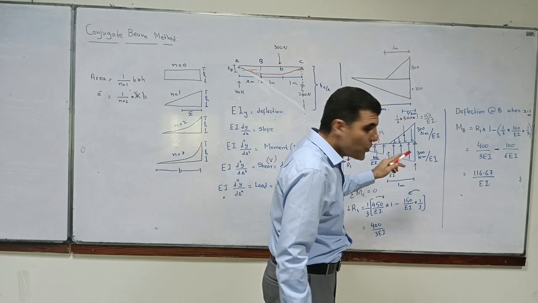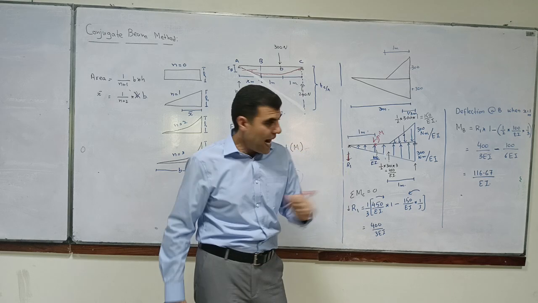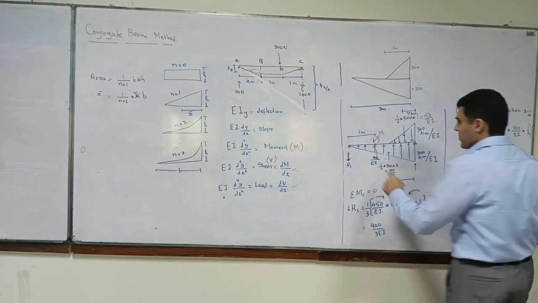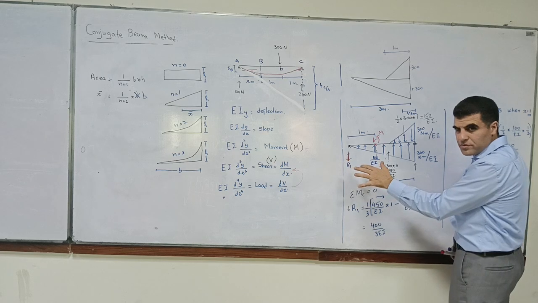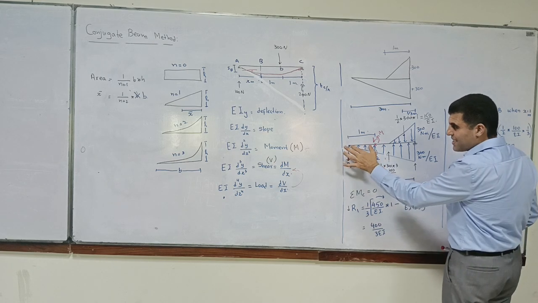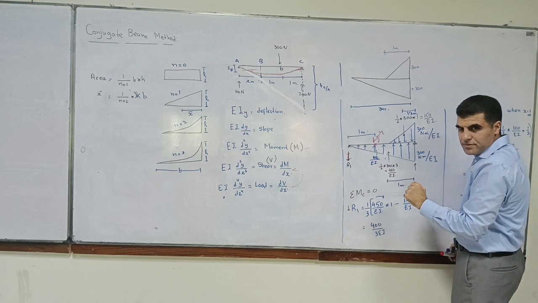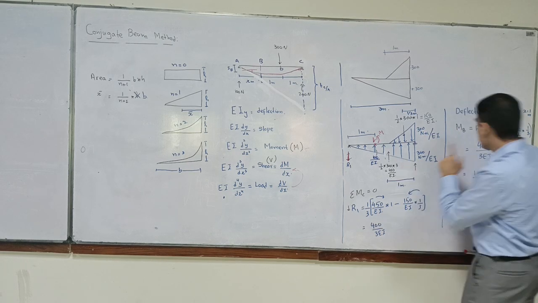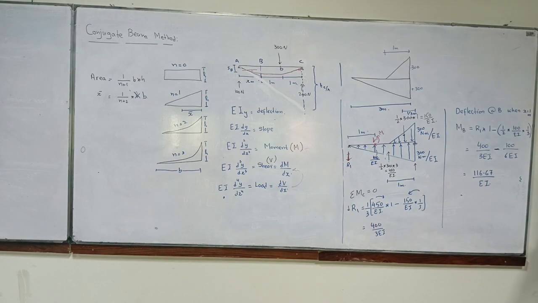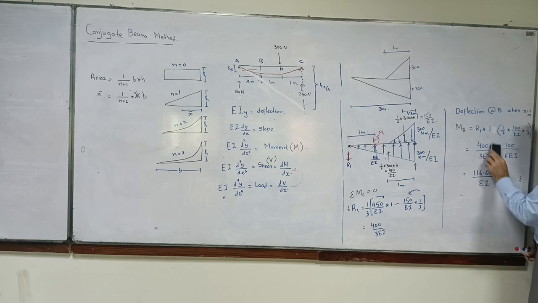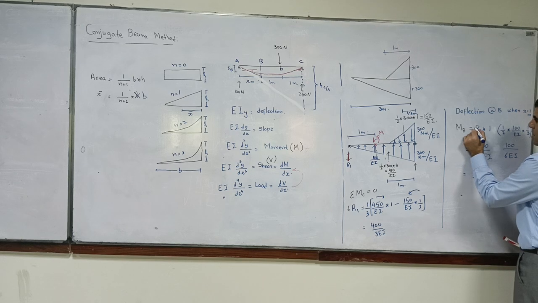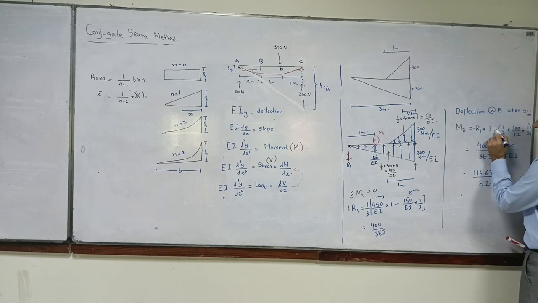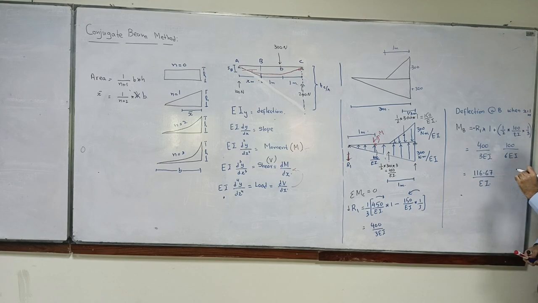The question is, how do you know R1 times this one, that is going... So, using our sign convention, we can have this as minus and this one as plus.